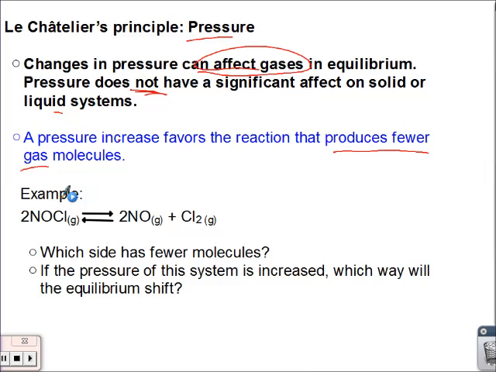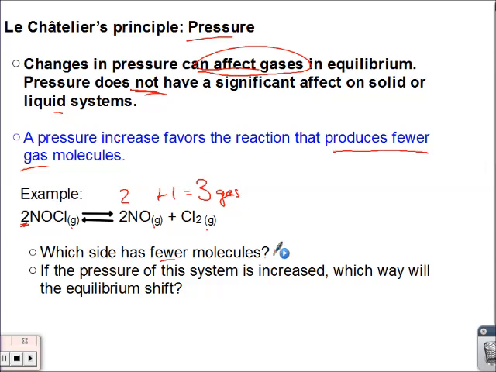So for example, I would look at this. It's a gas phase reaction. So I see 3 gas molecules, or all my reactants and products are all in the gas phase. Which side has fewer gas molecules? Well, I have 2 gas molecules here, and I have 2 plus 1, so 3 gas on the reactant side.